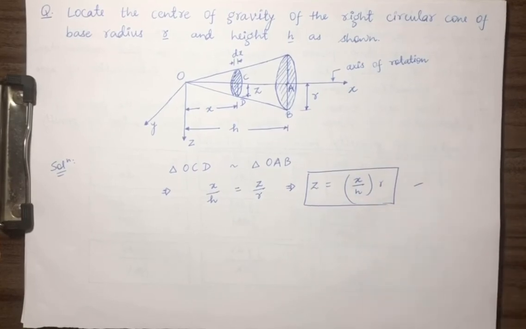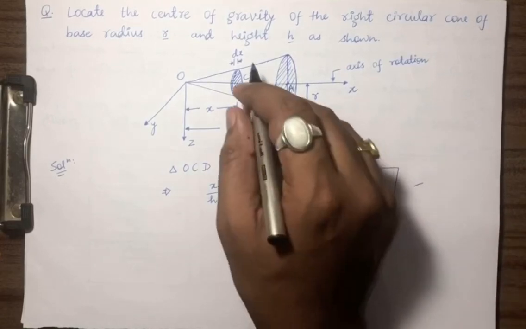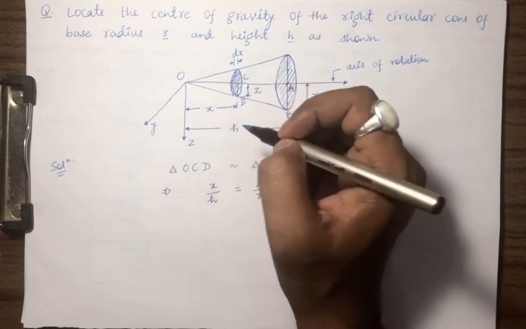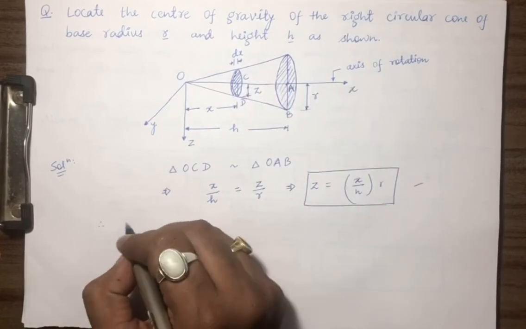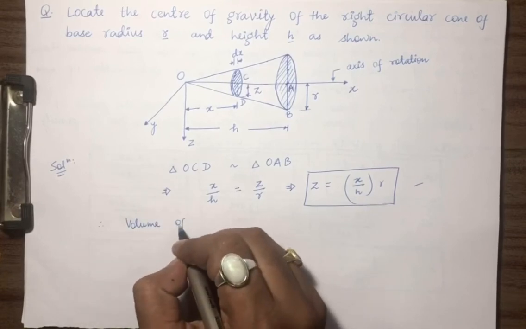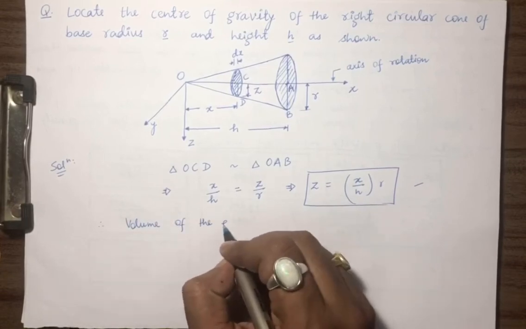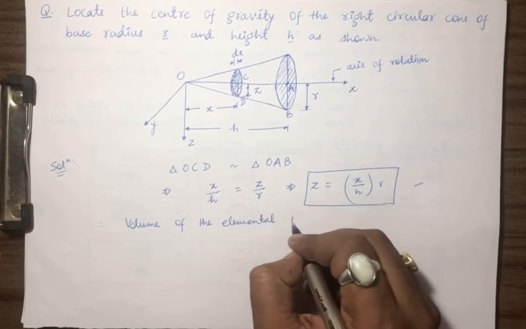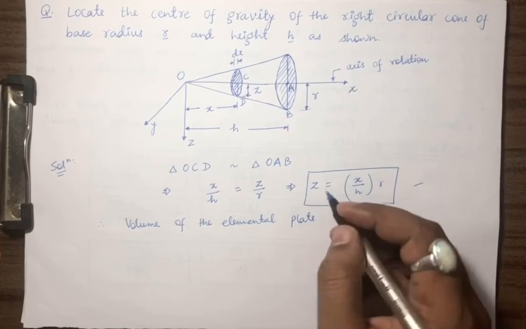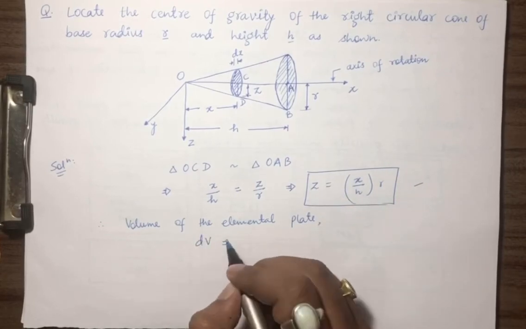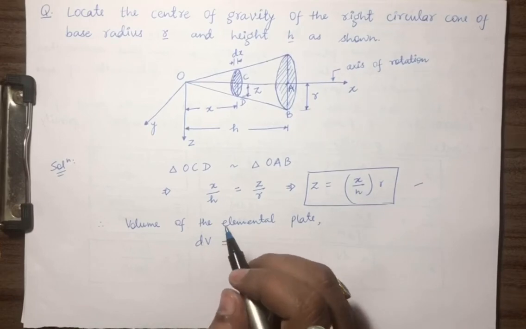So we have found out the radius of this small elemental disk which we have chosen. Now the volume of the elemental plate or disk. So this is a small element, so we are using the differential form.